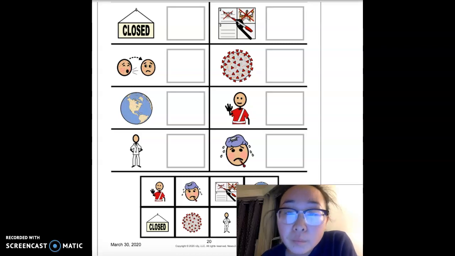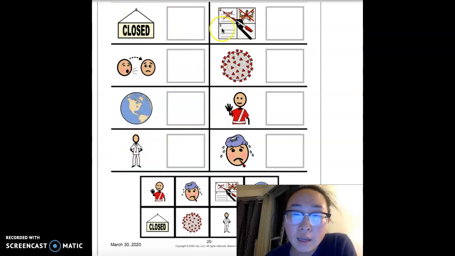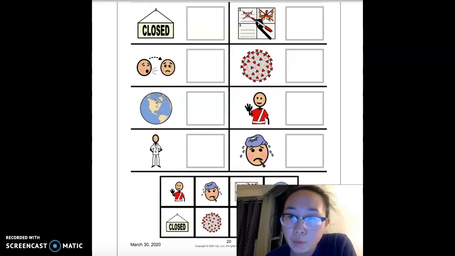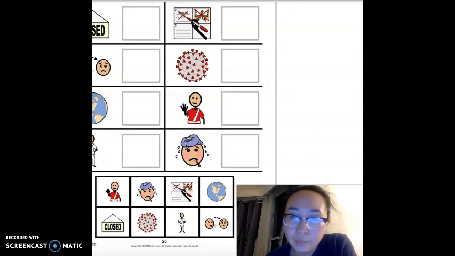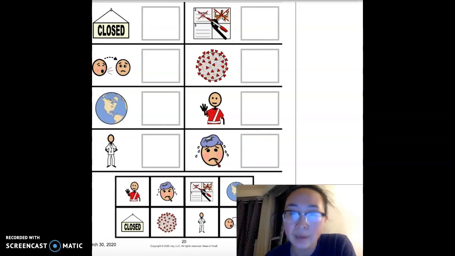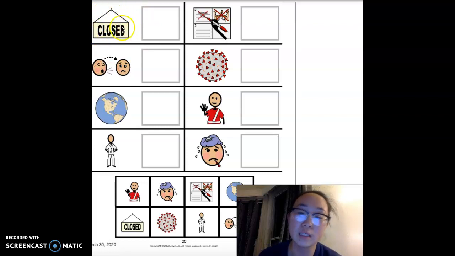So we are going to look at these symbols and we are going to match them with the correct symbol. So let me move the page a little bit so that you are able to see everything. Okay, so the first symbol we see is a closed sign.